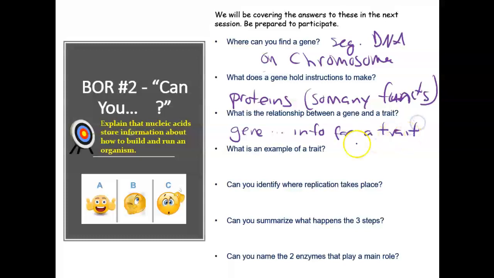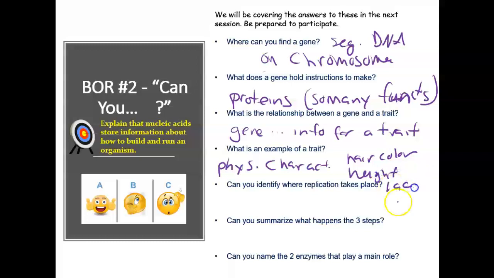What's a trait? Example of a trait would be like a physical characteristic of you, right? Could be hair color. Could be height. Could be lactose intolerance, etc. Can you identify where replication takes place?